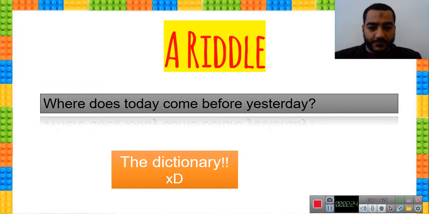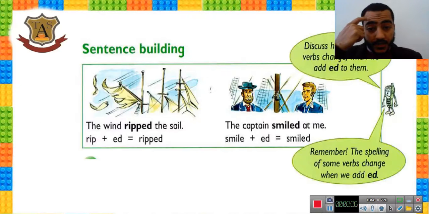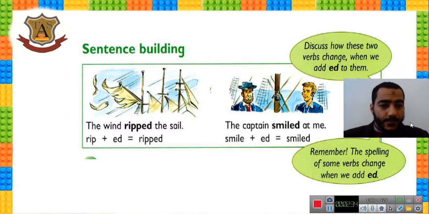Okay, let's start. You can find this page in your language book. Let's read the box. First, let's read the bubble of Moby.